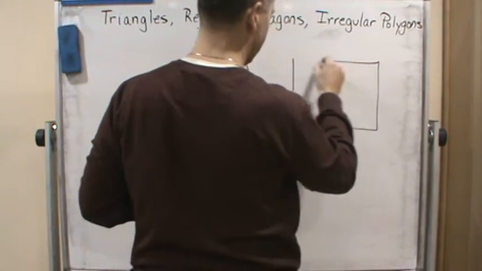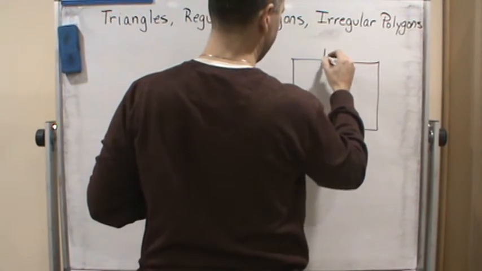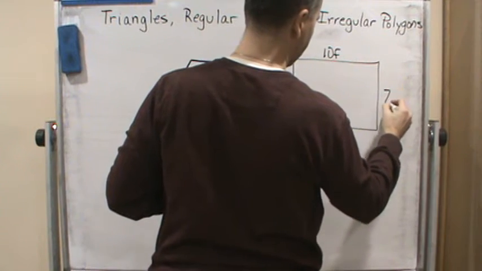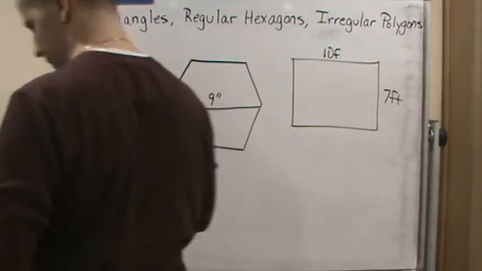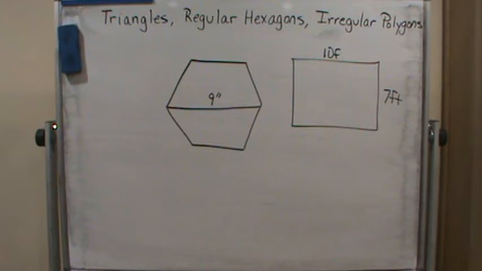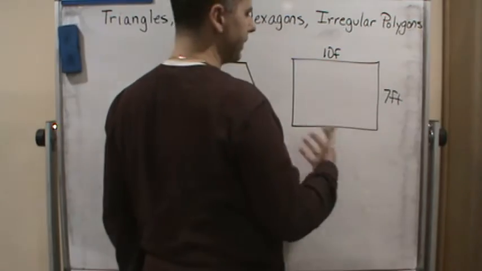So here's the dimensions of their entryway, 7 by 10. To estimate the number of tiles needed, we can divide the area of the entryway by each tile. Okay, so what we can do is we can estimate how many tiles we're going to need.